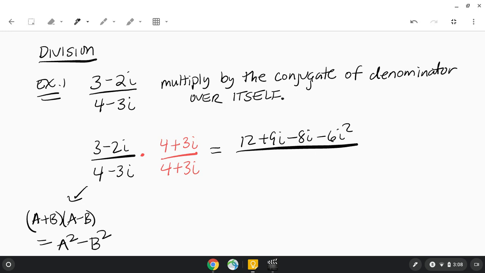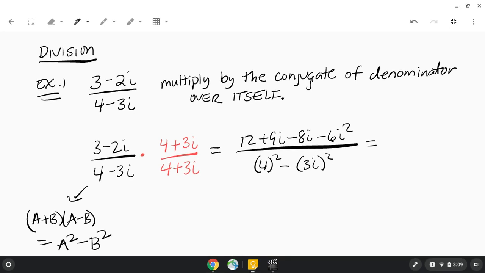But it works both ways. If you have these to multiply, you're going to get your difference of squares. If you have your difference of squares, then you're going to factor it to that, okay? So that's what we have here. So I am going to get 4 squared minus 3i squared, okay?